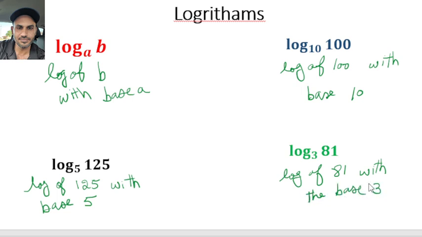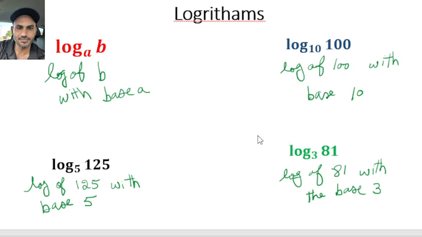Okay. So if we look at just what it means, like log of 100 with base 10, or log of 81 with base 3, or log of 125 with base 5. What the expression is asking us, if we take the log of 81 with base 3, basically this is asking us to find out the exponent of 3 that we need to get to 81, which we're going to solve, of course, later in the video, but this is what we're really solving for at the end of the day.